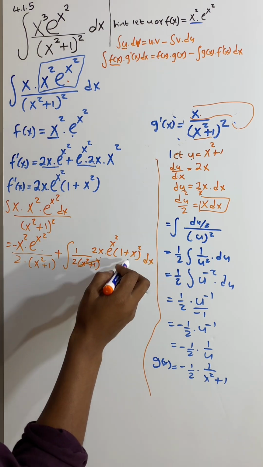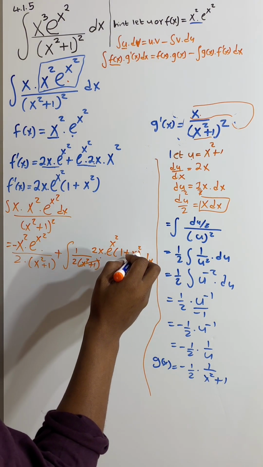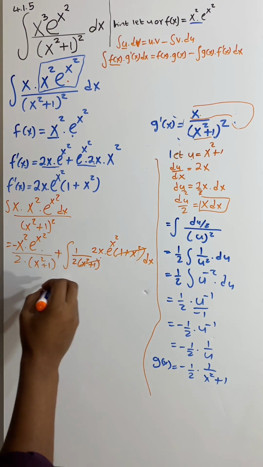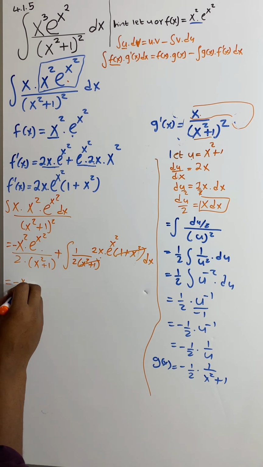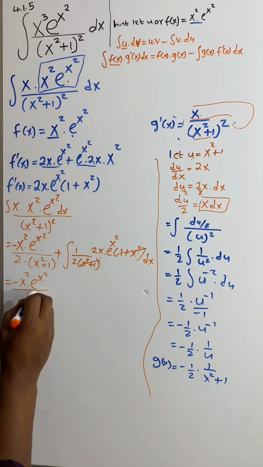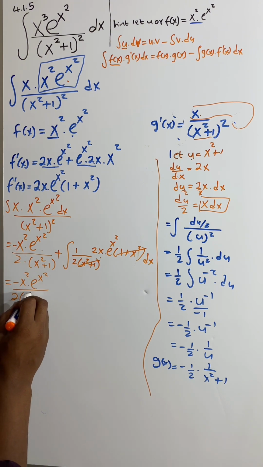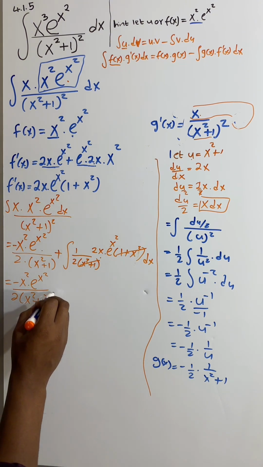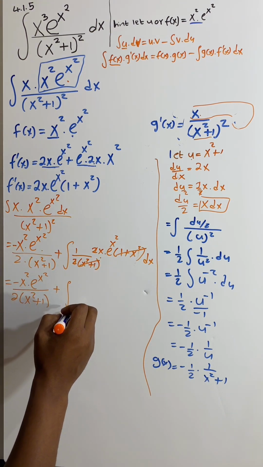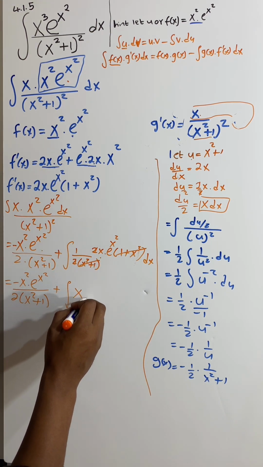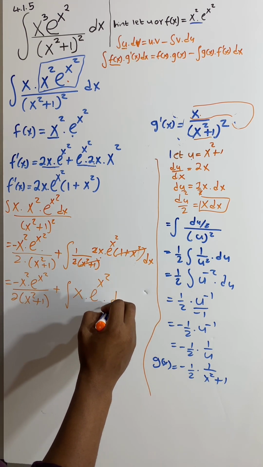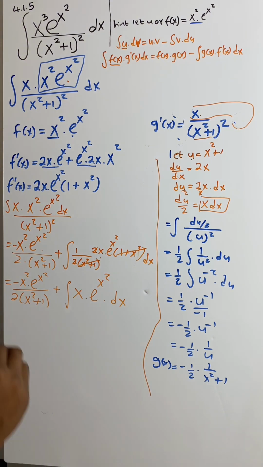That x squared plus 1 is just the same as that 1 plus x squared. That 2 will also cancel that 2, so we'll be left with the integral of x multiplied by e to the power x squared dx.